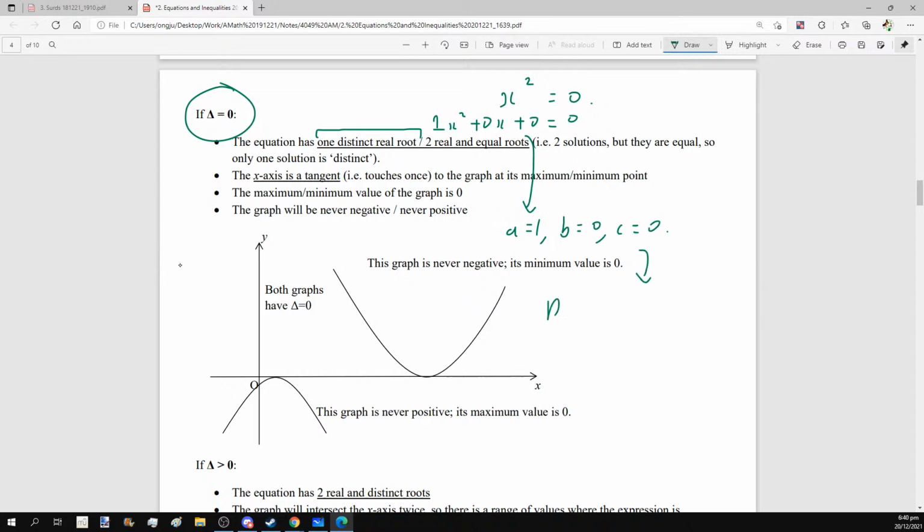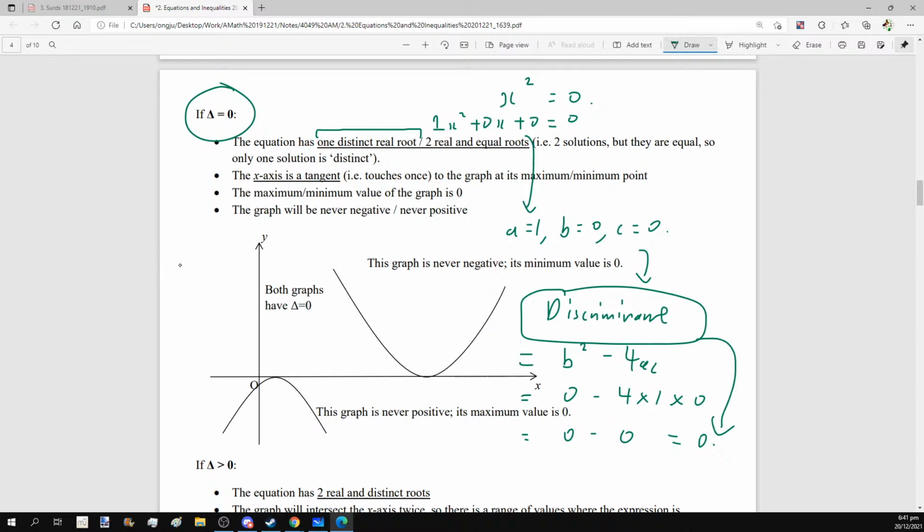From here, the discriminant of the quadratic will simply be b squared minus 4ac, which will be 0 minus 4 times 1 times 0, which will be 0 minus 0, in other words 0. So the discriminant is equal to 0, and that means we have one solution.